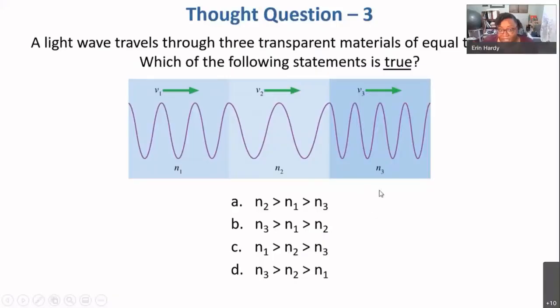So what we're going to try to do here is determine how we can rank the indices of refraction. We don't have enough information to calculate a value for n, but we can use what we're given in this illustration to determine how n1, n2, and n3 relate to one another. So again, take a minute to think this through and see if you can land on one of these answers, and then we'll talk it through like we did on Monday morning.